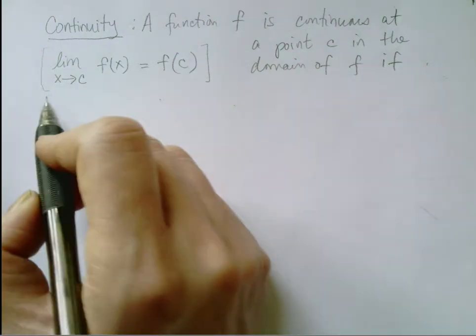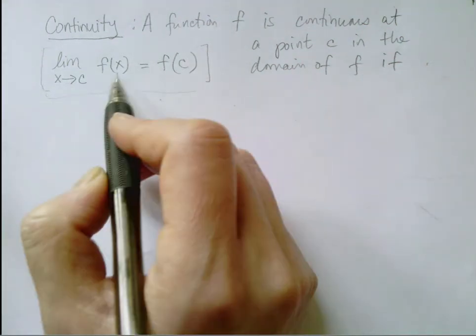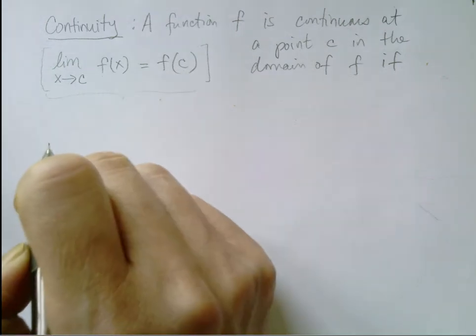Okay, so this is the condition for the function f to be continuous at a point C.